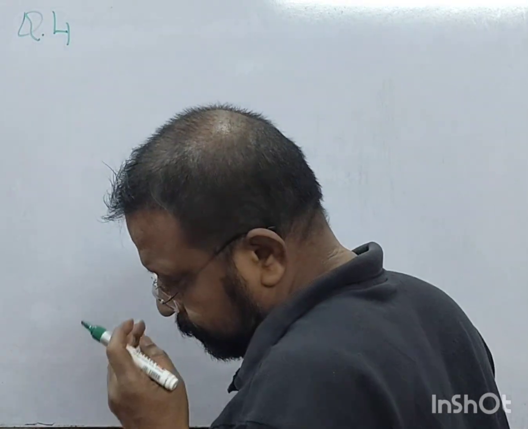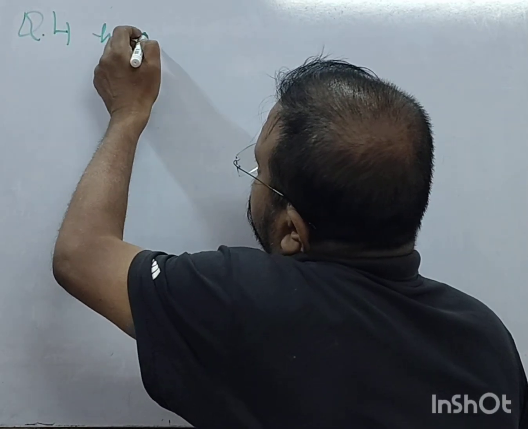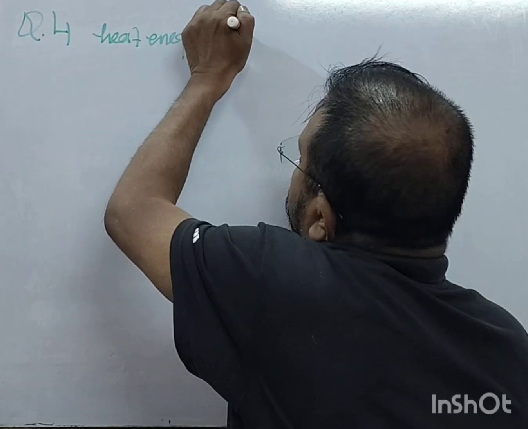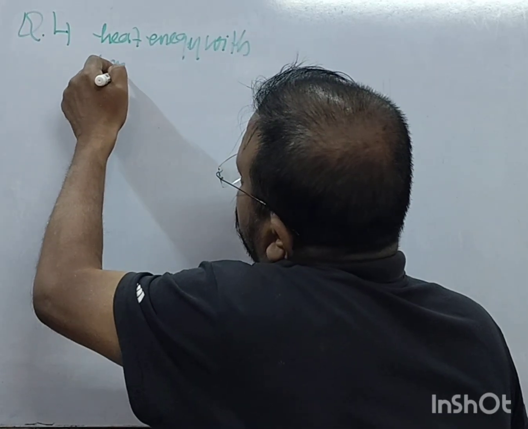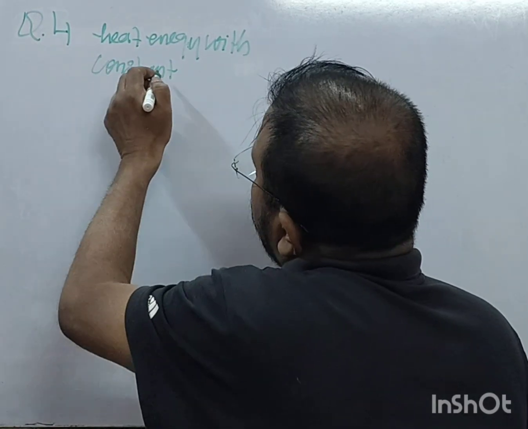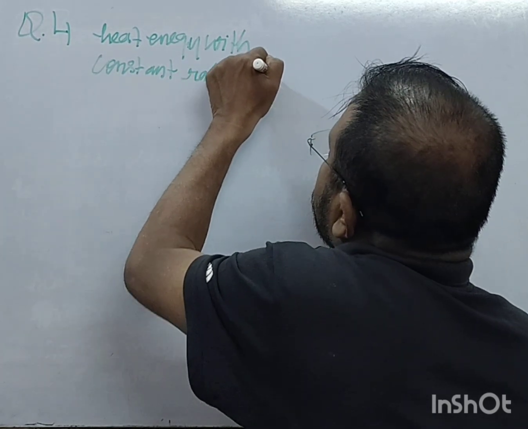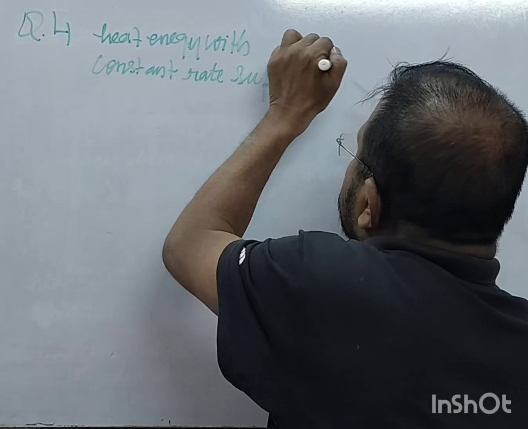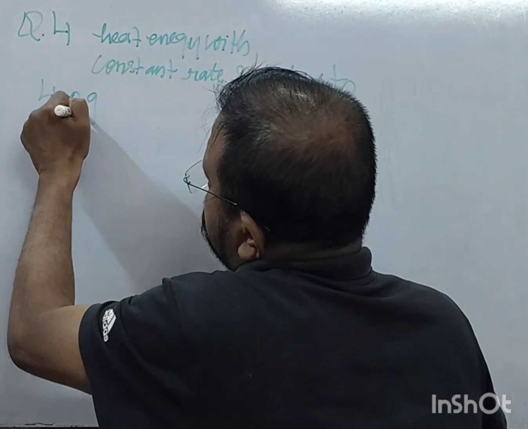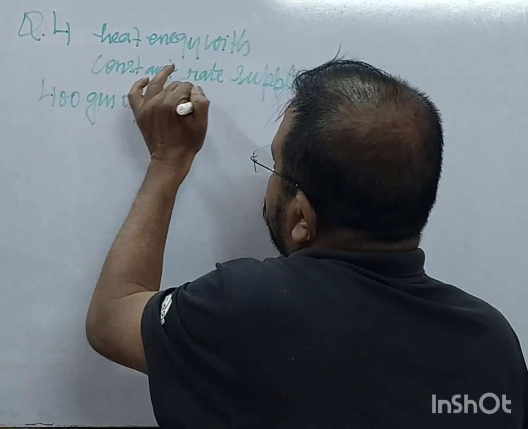Heat energy is supplied at a constant rate to 400 gram of ice at 0 degree Celsius.